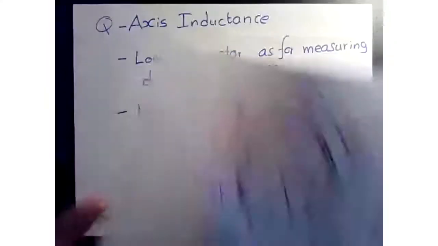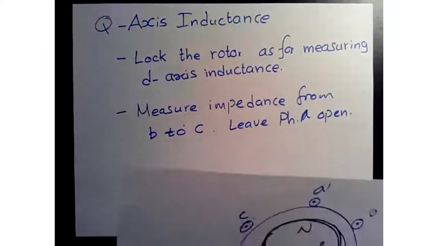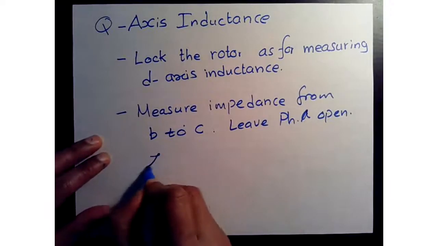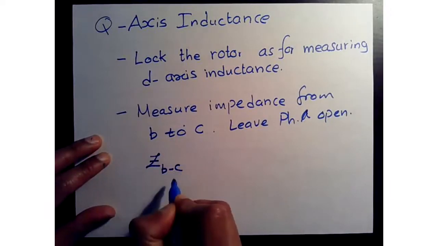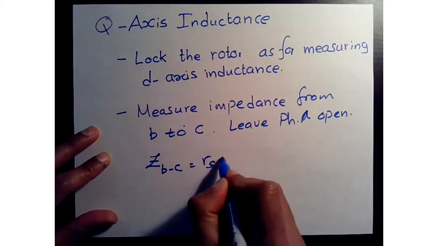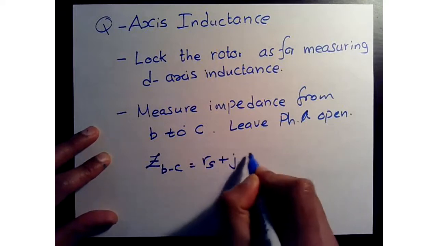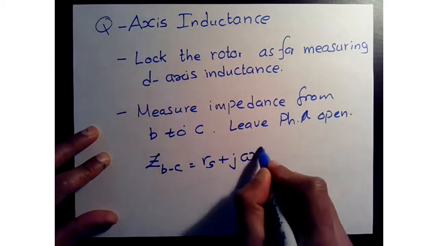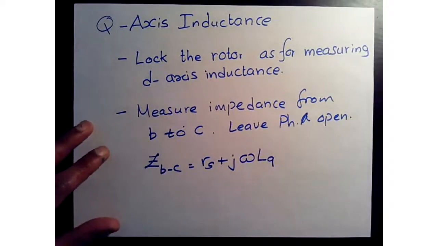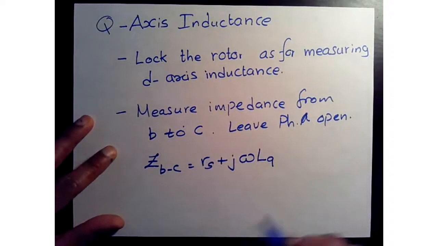So you can actually simplify the process here. Now you can measure ZB to C, which will give you again RS plus J omega LQ. You'll get the inductance.